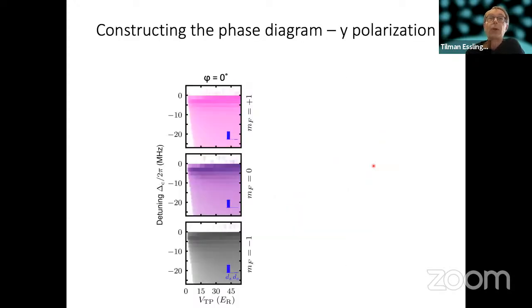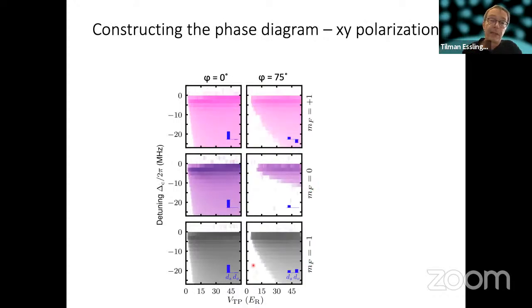What's shown here is the normal linear polarization along the y-axis, and these are the phase diagrams as shown before, detuning versus pump field, for the mF=+1, 0, and -1 sublevels. And now we change the polarization.